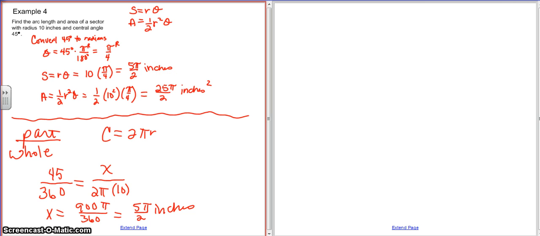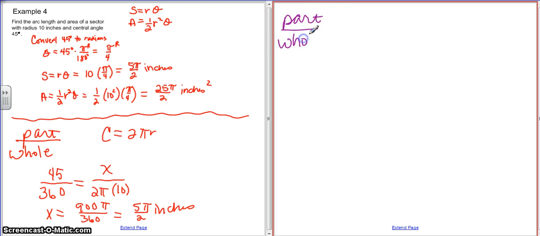I can use the same approach when I try to figure out what is the area of the sector. I want to think about part over the whole, and I can do this in degrees. I don't have to have it changed to radians. So I have 45 degrees is my part, 360 is all the way around the circle. The area of the sector is just the part of the circle that I'm looking for. And I want to remember that area of a circle is pi r squared.